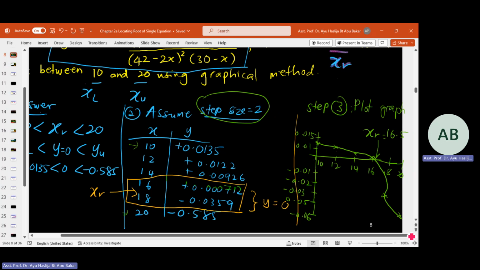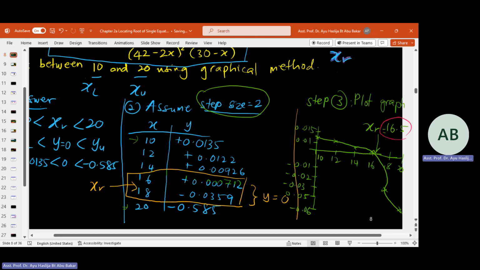Okay, 16 or 17, right? From the graphical method, it proves your XR when Y equals 0 is around this figure, 16 or 17.